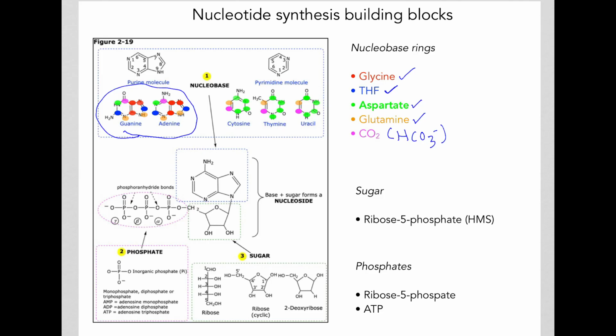Whenever you see CO2 or HCO3, it's basically the same thing, because carbon dioxide dissolves in water to give you carbonic acid, which then breaks down to give you bicarbonate and protons. The sugar part of the nucleotide comes from ribose 5-phosphate, which, if you remember, mostly comes from the hexose monophosphate shunt. The phosphate groups of the nucleotides come from ribose 5-phosphate as well as ATP.